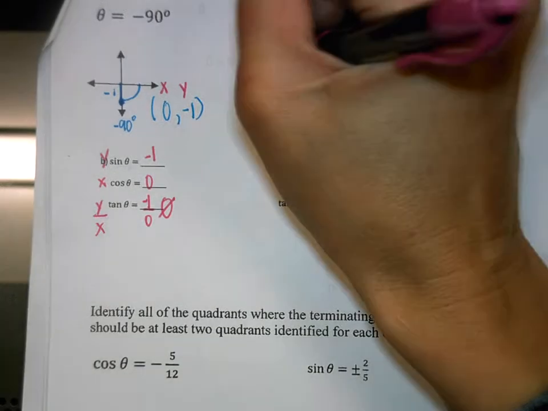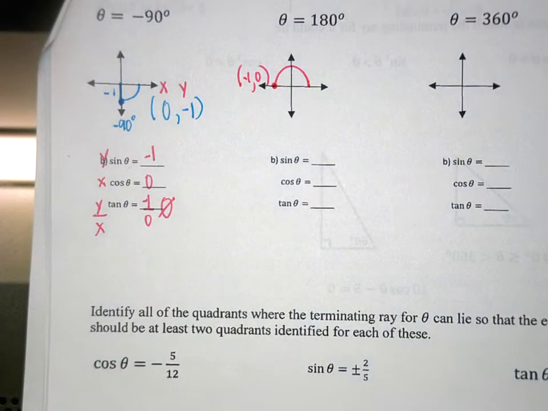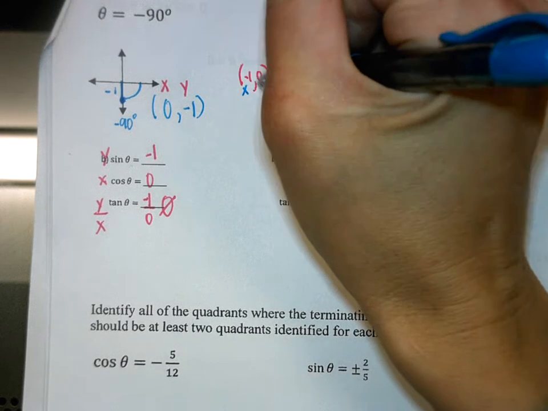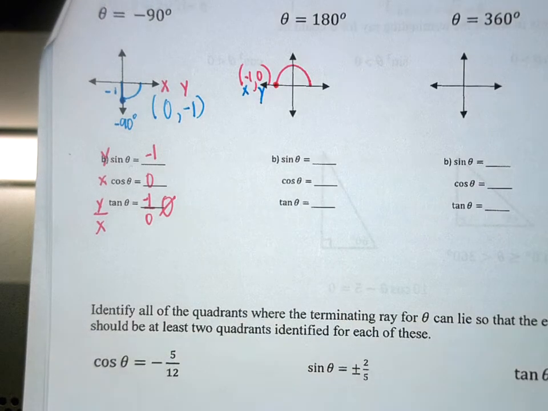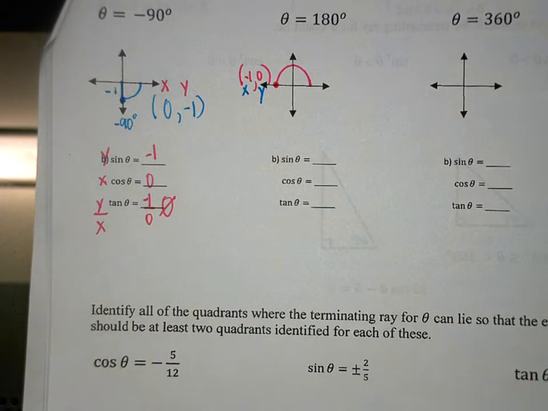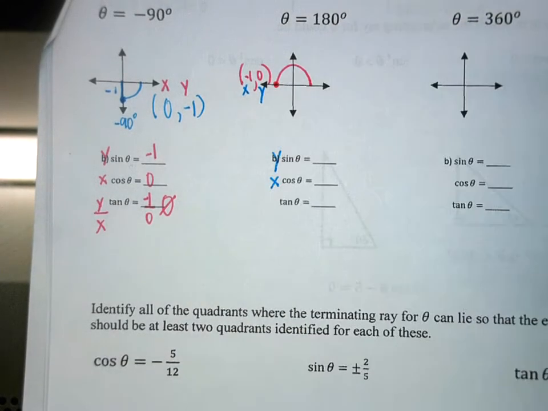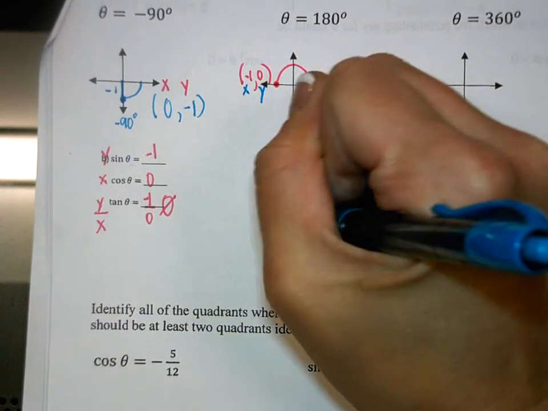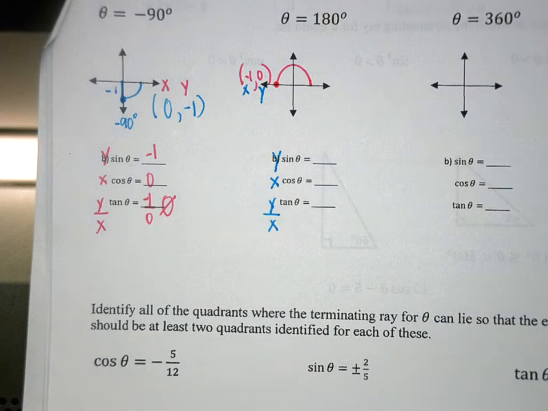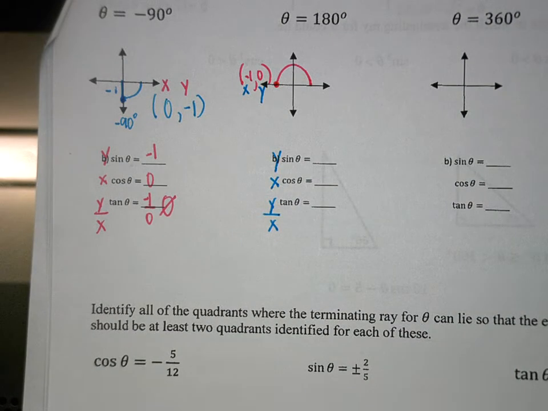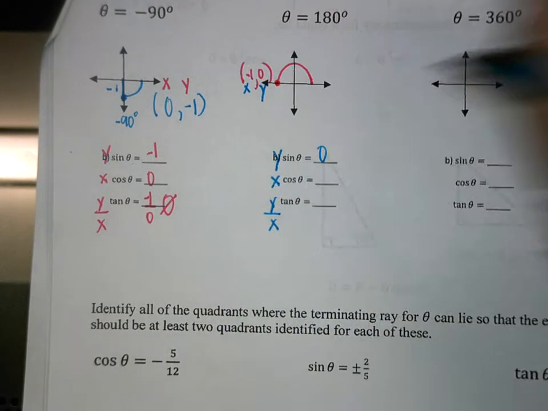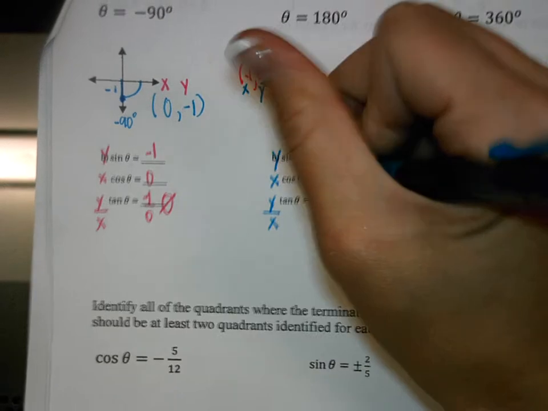Negative 1, 0 is correct. And then I would label these as x and y so I don't mess anything up. Our sine value is always the y, cosine is x, tangent is y over x. What is my y value? 0. What is my x value? Negative 1.